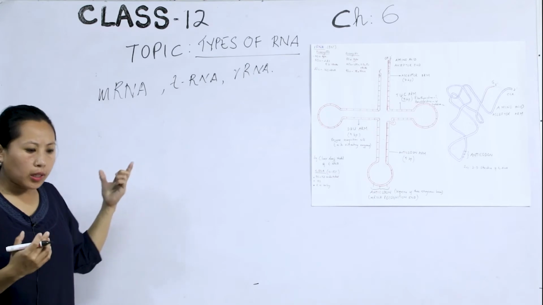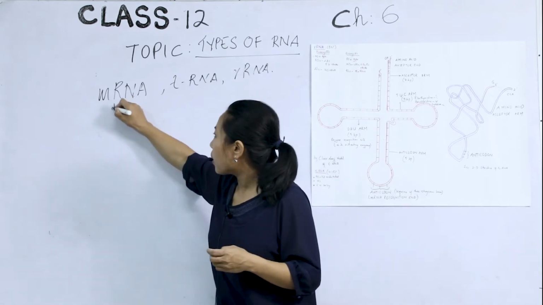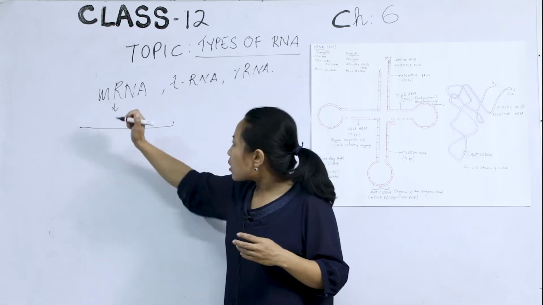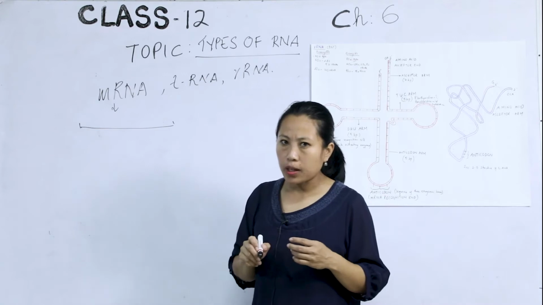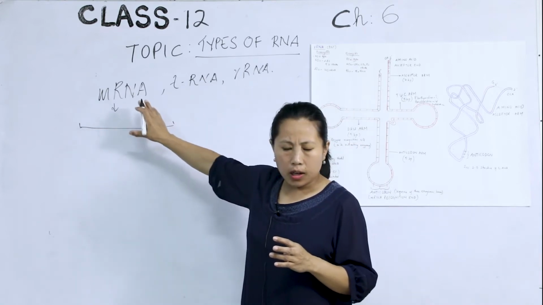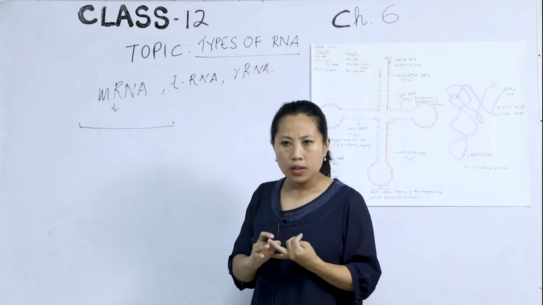In the last class, we discussed messenger RNA, or mRNA, and how it is transcribed from the DNA template, and we saw how this RNA transcript undergoes processing to get matured, active, and stable.